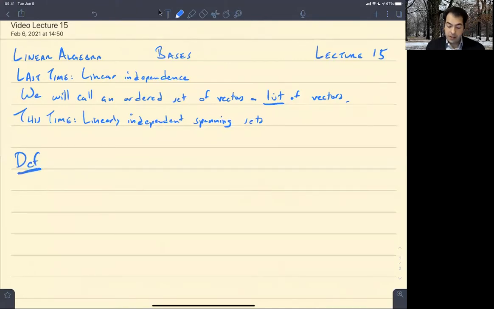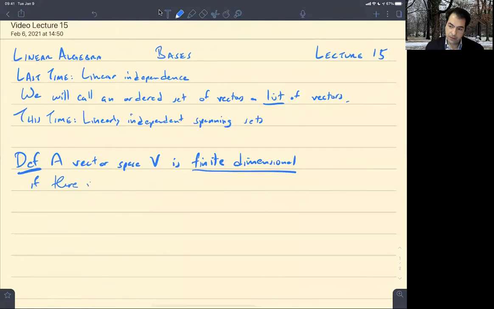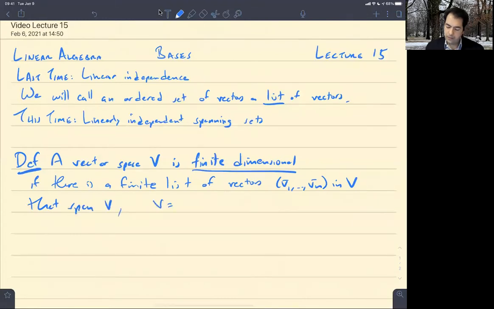Okay, so start with a definition. A vector space V is finite dimensional if there is a finite list of vectors in V that span V. Okay, so that's what it means to be finite dimensional.